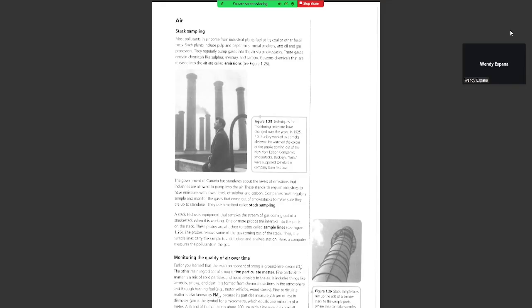We do have pulp and paper mills in Canada, and we have one I've talked about earlier in Dryden, a paper mill. There's also one in Thunder Bay. They now have a lot of guidelines about levels of emissions that they're allowed to put in the air. This wasn't always the case.